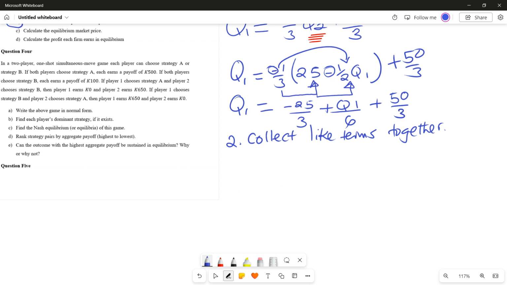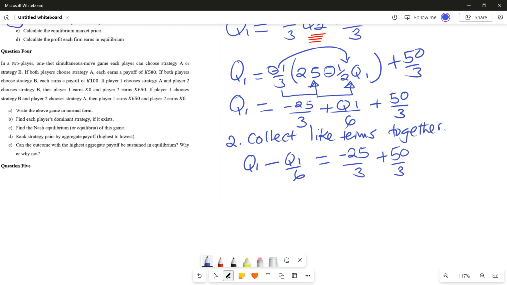So this will be q1 minus q1 over 6. This should equal negative 25 over 3 plus 50 over 3.